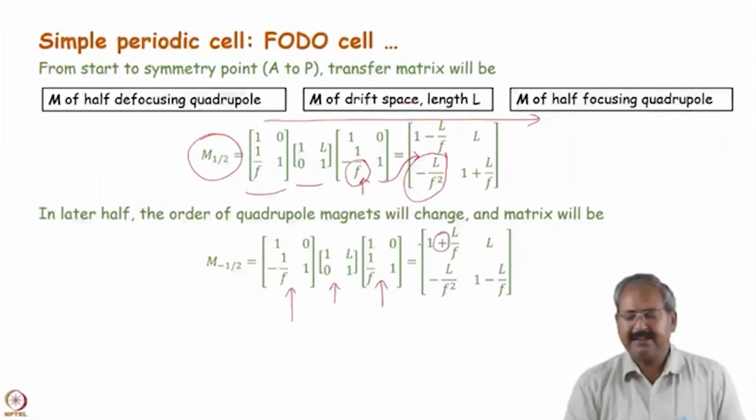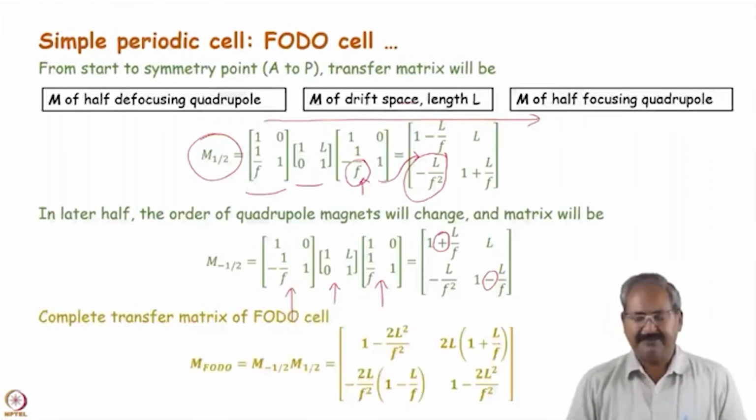Here plus sign and here minus sign will be there. Now if we multiply these two matrices together, we get a complete matrix of the FODO cell. And so complete matrix of the FODO cell will look like this. These two elements are equal, and this is 2L(1 plus L by f), and this again shows the focusing characteristic of this FODO cell.